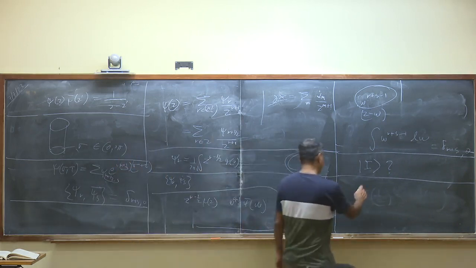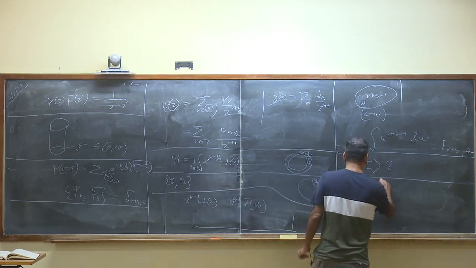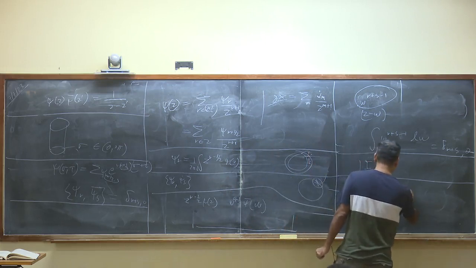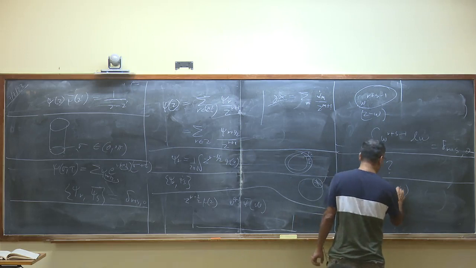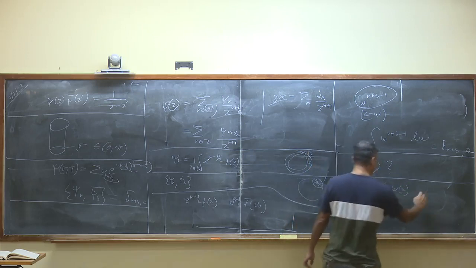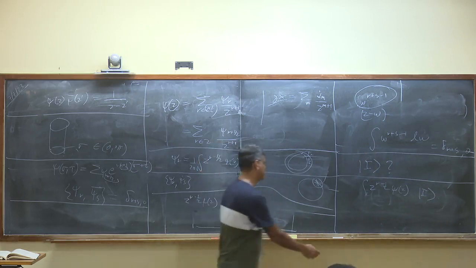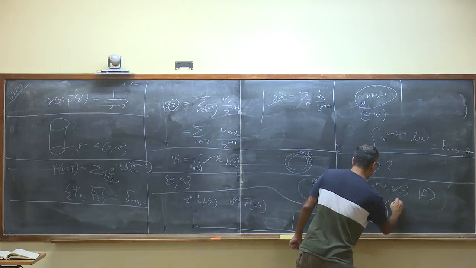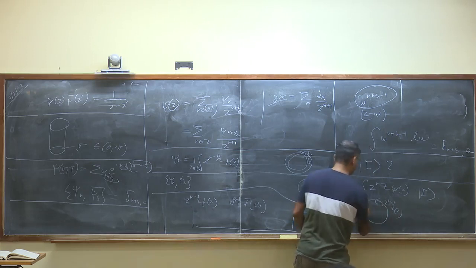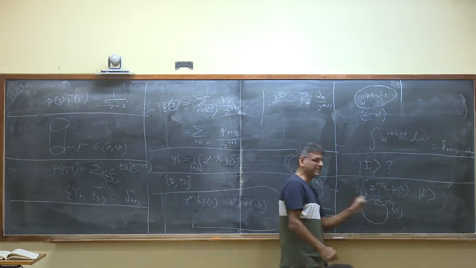So that is acting with z to the power r minus half psi of z on the state proportional to identity. But that's just doing this path integral, z to the power r minus half psi of z, 1 by 2 pi i, with no insertion out here.